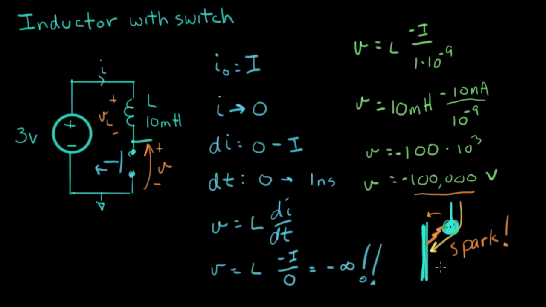For air, if this gap is 1 millimeter, that's 3,000 volts. 3,000 volts will cause that spark to happen there. So this is what actually happens. And you can build switches that will take this spark and work for many years. But it's not always a good idea to let this happen.